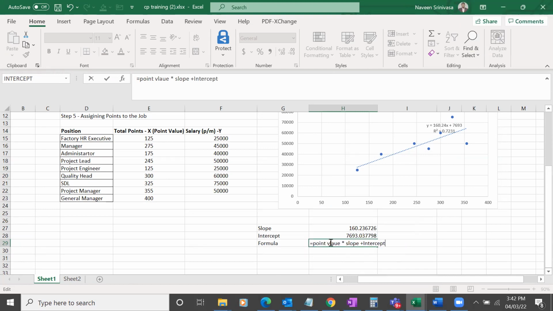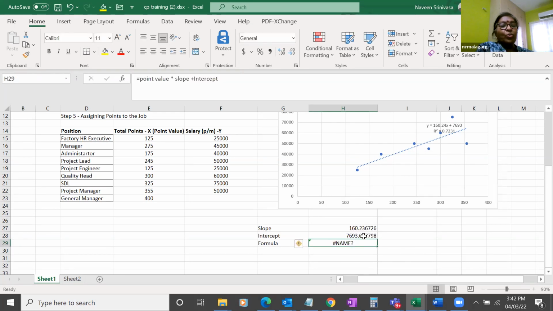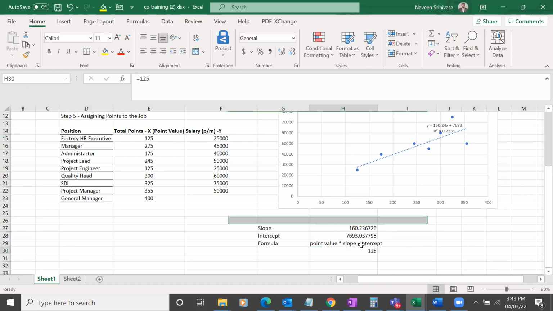Got it? Now if you want to calculate under the G column what you need to pay for factory HR executive, you can put that there. The point value is E15.